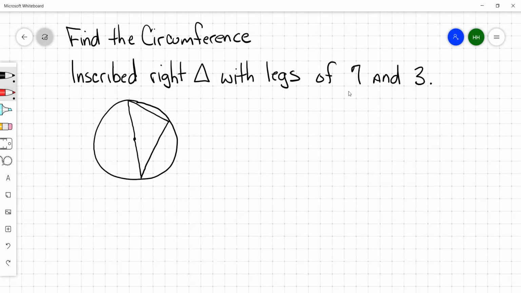Here's our inscribed right triangle. Here's our legs of 7 and 3.